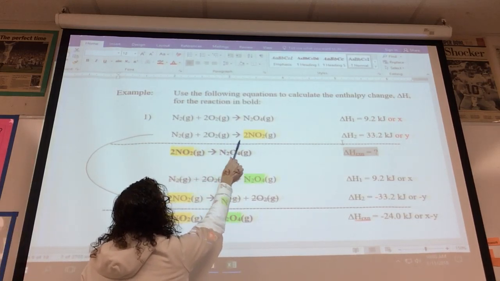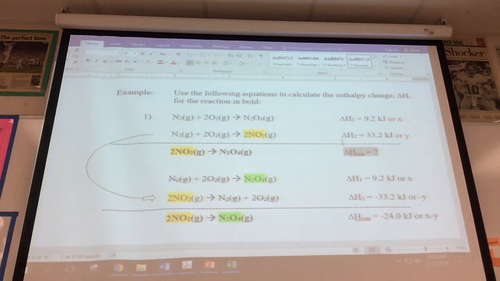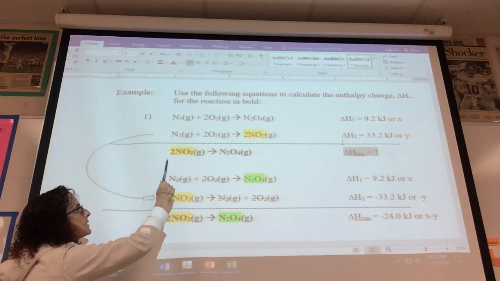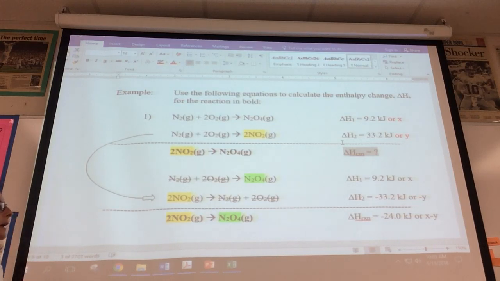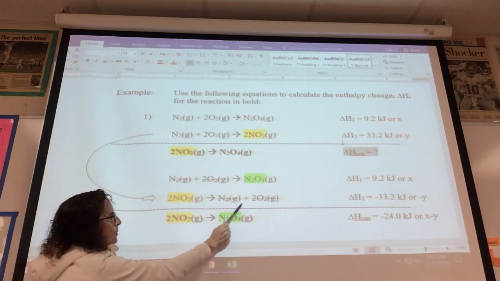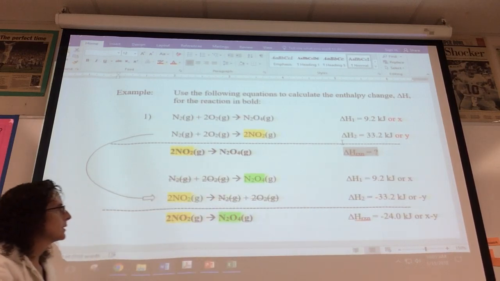The coefficient matches, but this substance is indicated as a product, where here it's indicated as a reactant. In order to sum those equations, I need to flip that reaction around, and when I flip the reaction, I change the sign for delta H. So product becomes reactant, reactants become products. I've changed the sign for delta H.